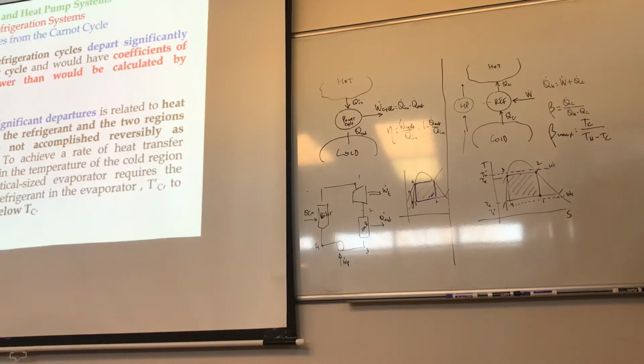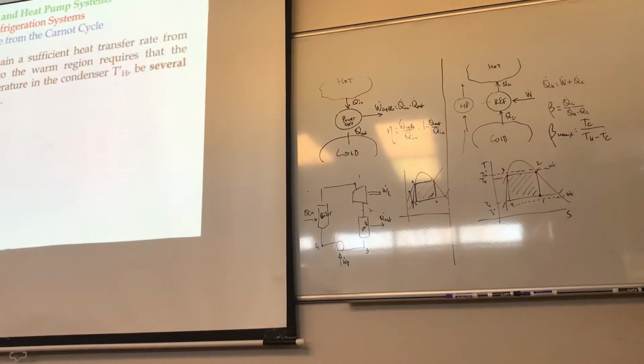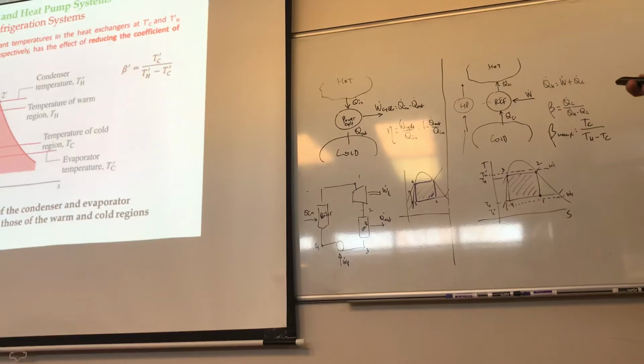So this is just an illustration that in real life the efficiency is going to be much smaller than what you are seeing in here, okay? And this is what I meant to say: maintaining the refrigerant temperatures in the heat exchangers at T prime C and T prime H, rather than TC and TH, has the effect of reducing the coefficient of performance, okay?